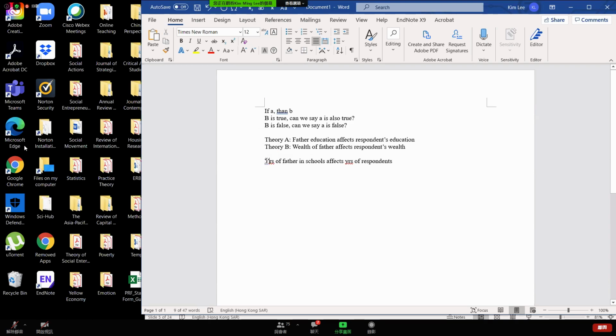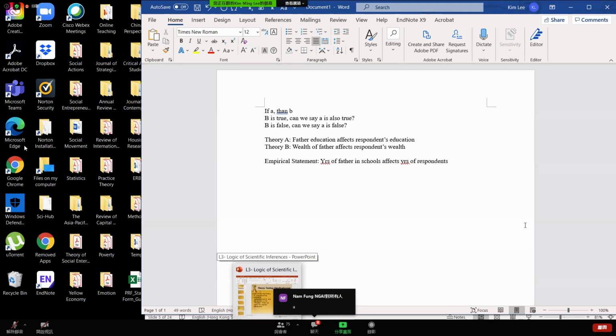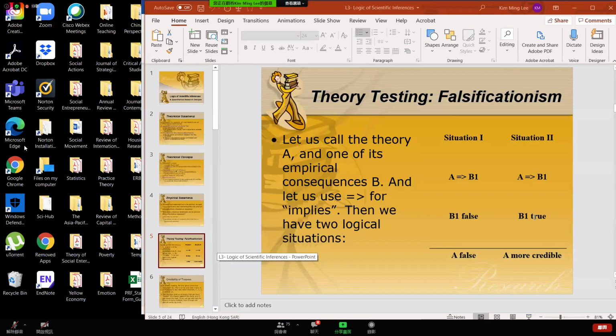So in situation 2, once we find out that our empirical statement is true, we cannot be certain A is true as well, because there may be other theories implying the same empirical statement.